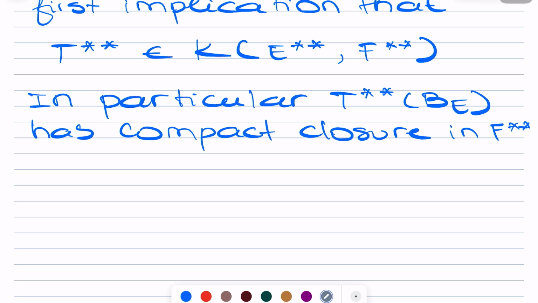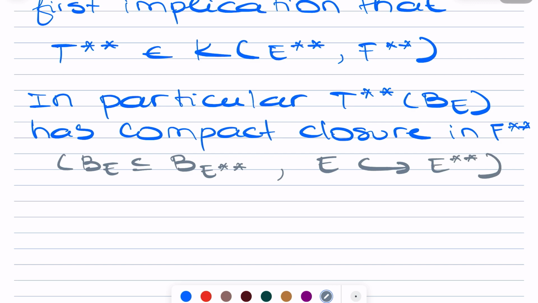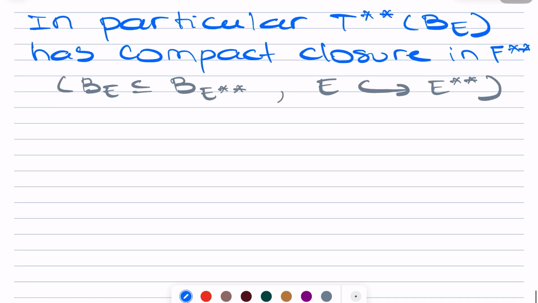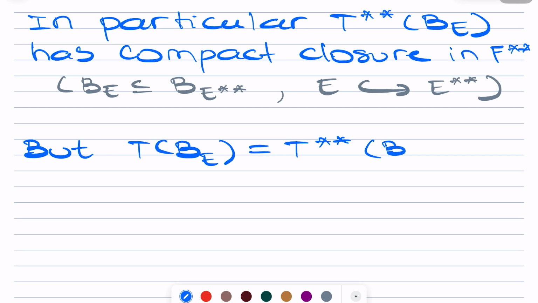This is due to the fact that the closed unit ball in E is actually contained in the closed unit ball in the bidual. Remember, we have the canonical embedding of E into the bidual. But T of B_E is exactly equal to T star star of B_E.